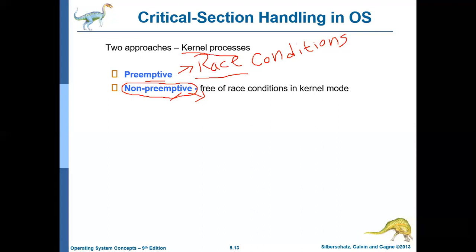That concept is called race condition. And the part of the code which may create data inconsistency is called the critical section.